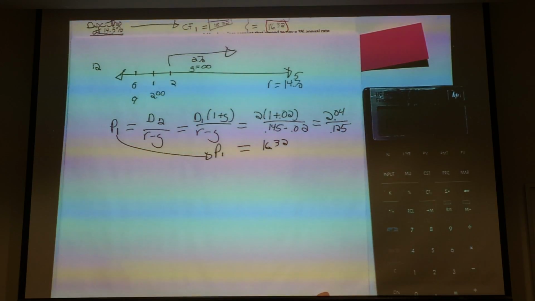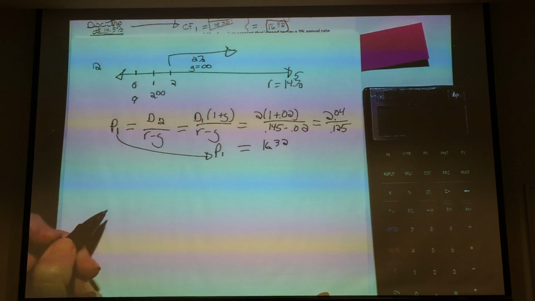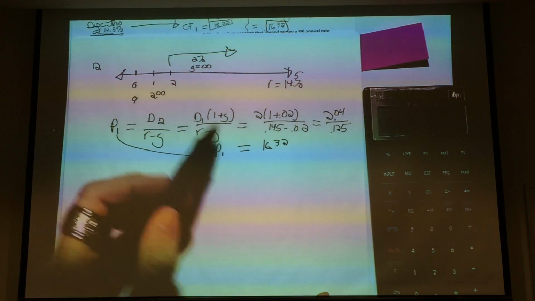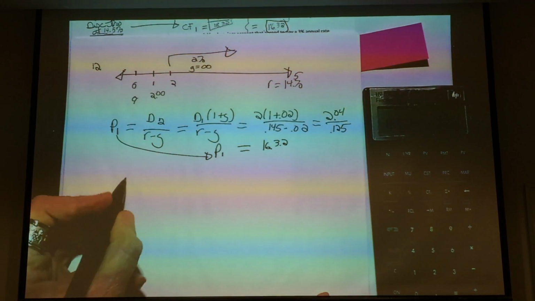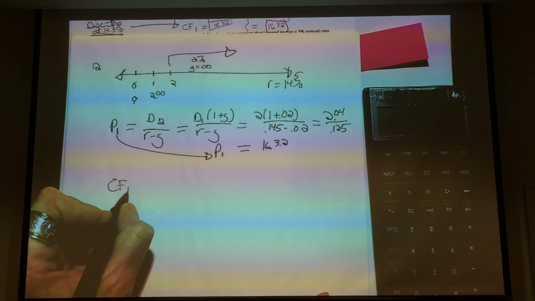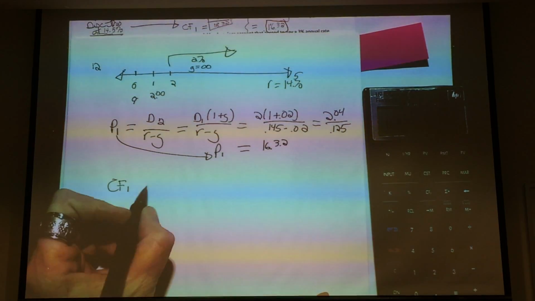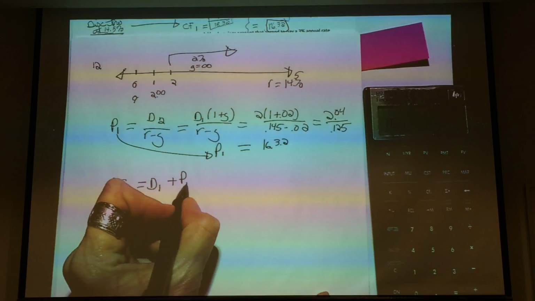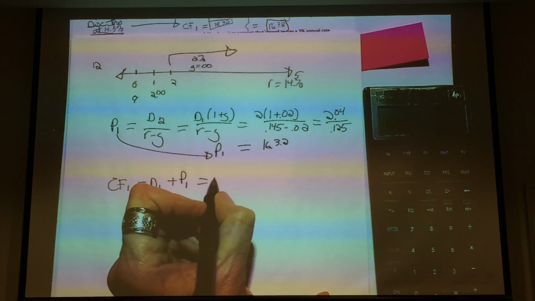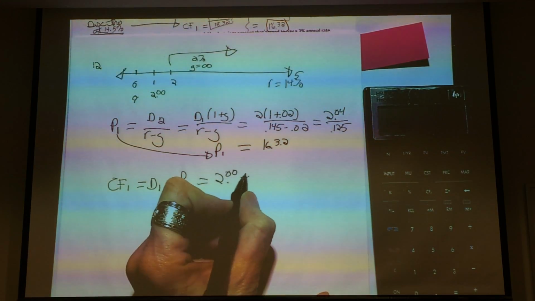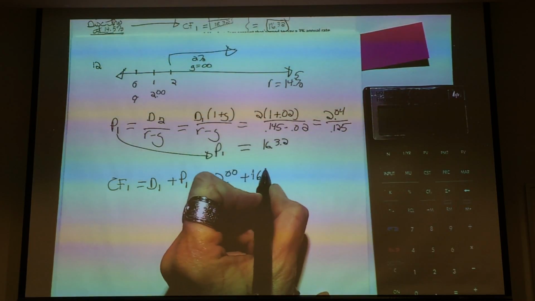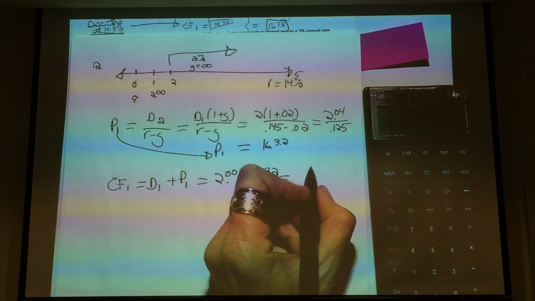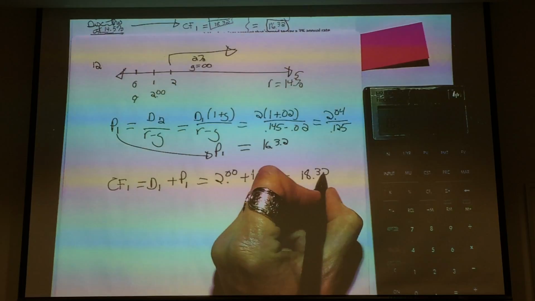Now, what are you gonna do to figure out what it's worth? Well, you're simply gonna take this plus the dividend to figure out cash flow 1. Because you only have 1 cash flow, this one's easy, so that's my dividend 1 plus my price at period 1. So that's my $2 plus my 16.32. So it's 18.32.